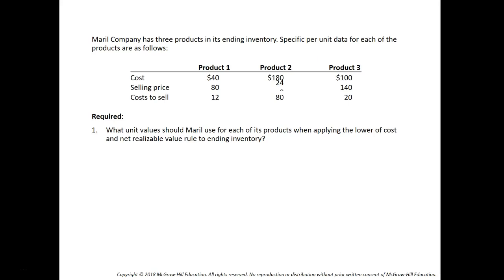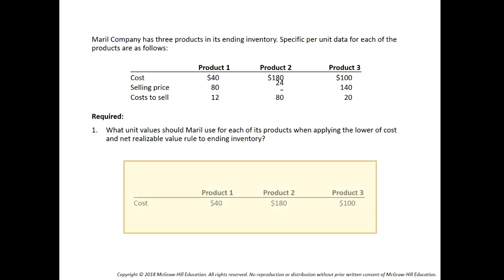Product 2, cost is 180, selling price is 240, cost to sell is 80. Product 3, cost is 100, selling price is 140, and the cost to sell is 20. So what unit value should Merrill use for each of its products when applying the lower of cost and net realizable value to ending inventory?